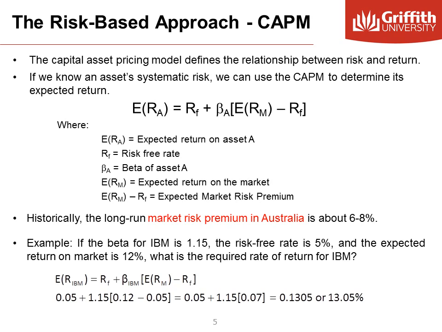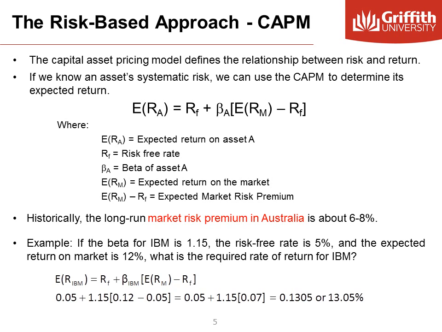For example, if IBM has a beta of 1.15, the risk-free rate is 5% and the expected return on the market is 12%, what would be the required rate of return for IBM? We apply the formula, and even before we do the calculation, we know that the expected return result will be higher than the return on the market, than 12%.